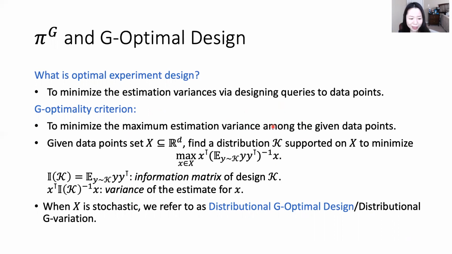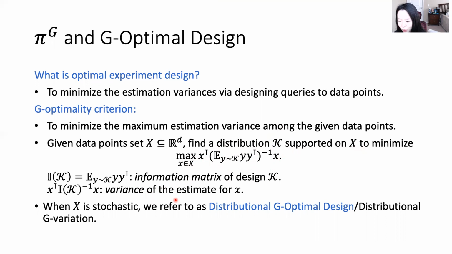It is optimal design using G-optimal criteria, which is to minimize the maximum estimation variance among the given data points. Mathematically speaking, given data point set X, we want to find a distribution pi supported on X to minimize the maximum estimation variance. And this term is the calculated variance. And the middle term, we call it information matrix. However, in our framework, X is also stochastic instead of fixed.